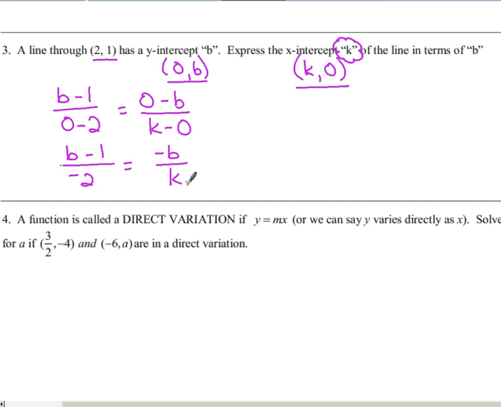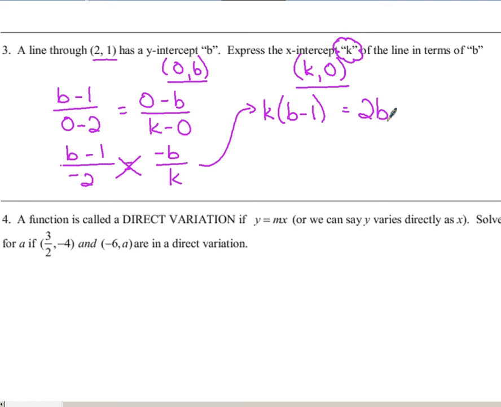Solving for k, I can cross multiply. On the first diagonal, I've got a quantity of b minus 1 multiplied by k, so I'm careful how I group things. I set that equal to negative 2 times negative b, which is positive 2b. Do I want to distribute that k through?